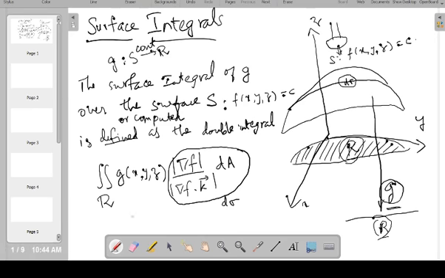This is how to compute. This formula says how to compute.